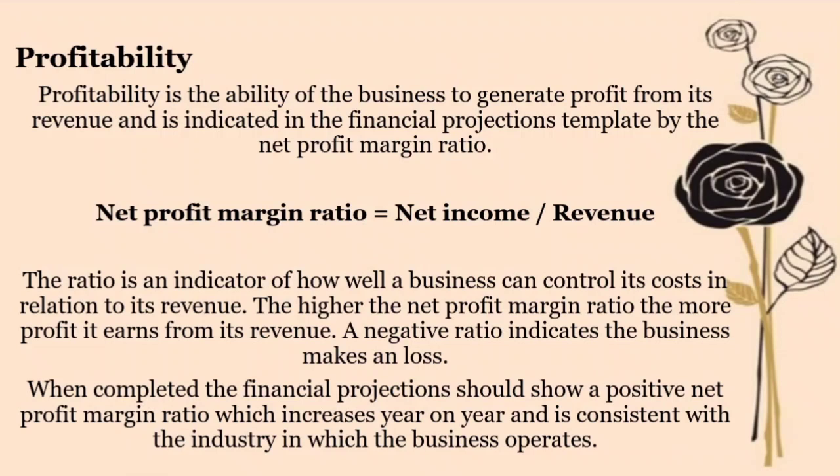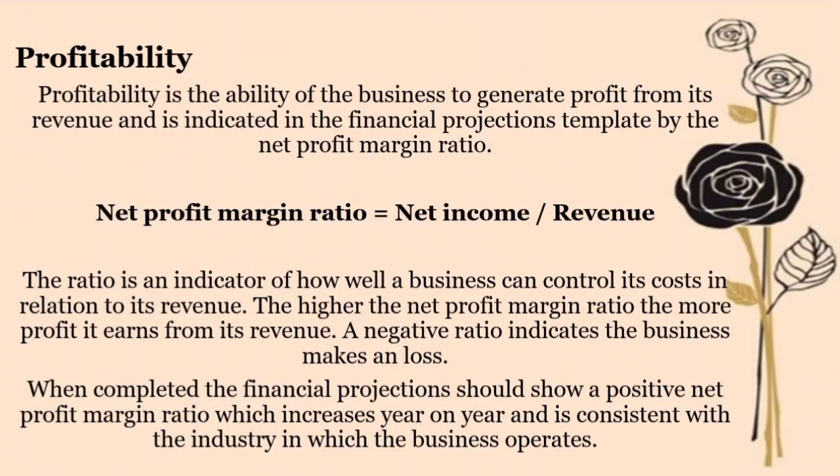So first is the profitability. Profitability is the ability of the business to generate profits from its revenue and is indicated in the financial projection template by the net profit margin ratio. The net profit margin ratio is equal to net income divided by revenue.